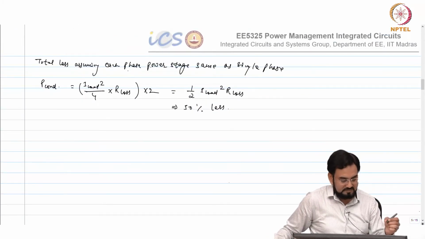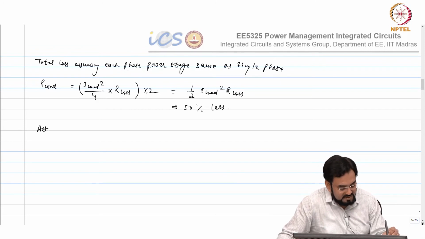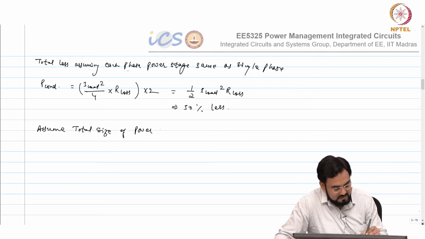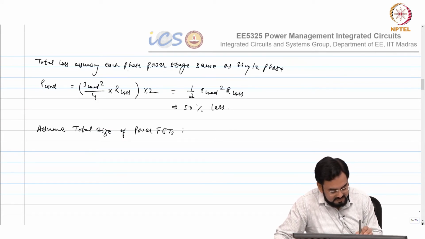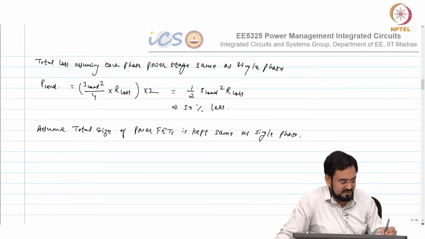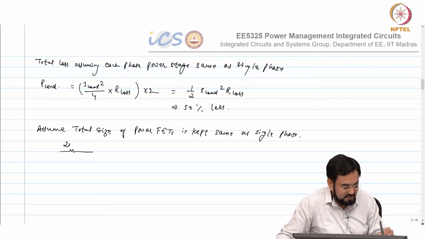Now assume the total size of power FETs is kept the same as single phase, then this will become twice of R loss.